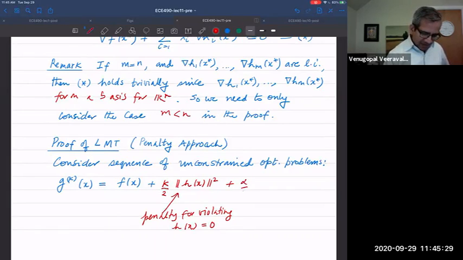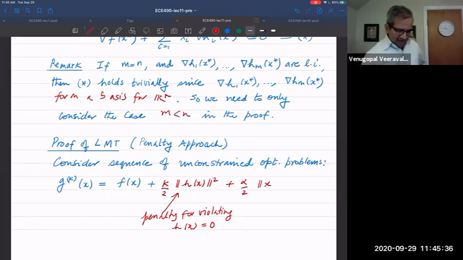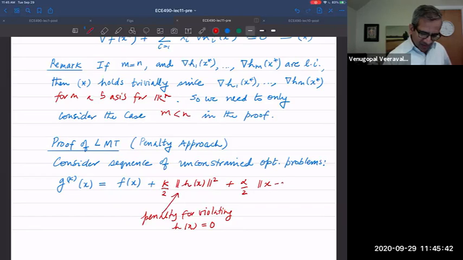And then I'm going to add another piece. This would try to force the function to be close to its minimum, to be close to x star. I do this for k equal to 1, 2, and so on. Remember, this term here is a strictly convex function around x star.